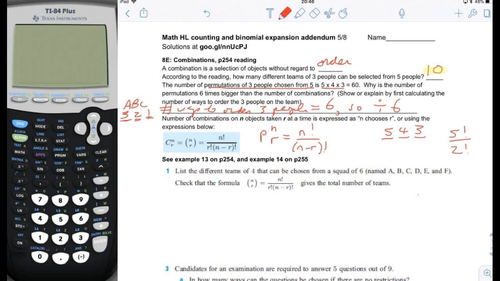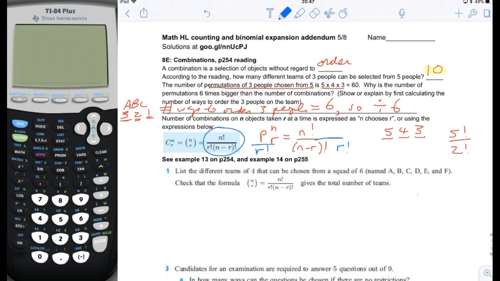Now, if I want to figure out the number of combinations, I would divide the number of permutations by the number of ways I can order r items. And that is why the expression for combinations looks like that, with the additional r factorial in the denominator.